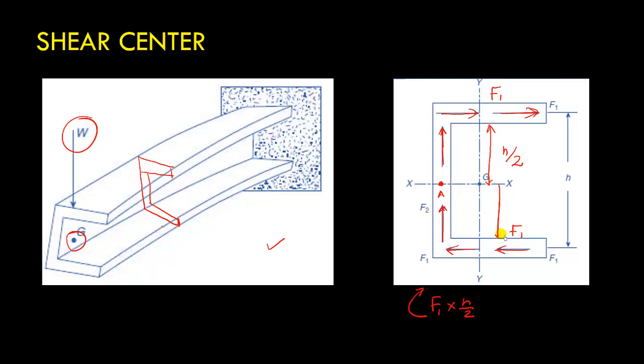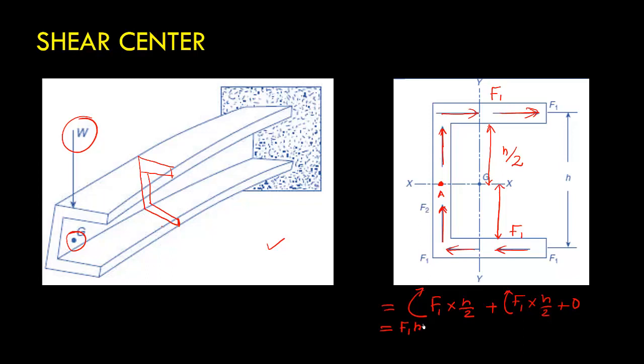Similarly, another force that is on the bottom flange, again this will contribute F1 times h by 2, and this is also in the same direction. Now this force F2 basically passes through this point and it will contribute 0 to this expression. So I can say the total moment that is coming due to all these forces is nothing but F1 times h.